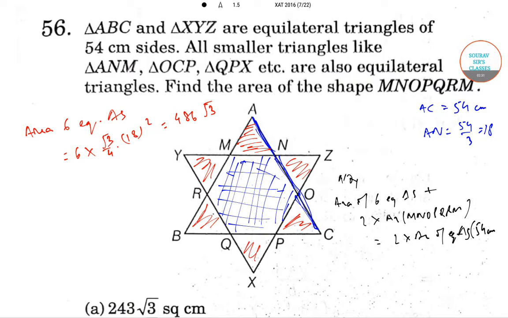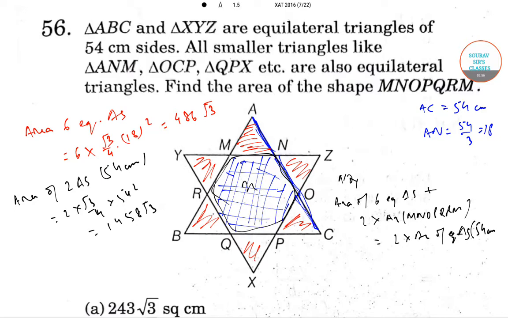So area of 2 equilateral triangles with side 54 centimeter is actually 2 into root 3 by 4 into 54 squared, which is equal to 1458 root 3. Now let the area of this region be X.